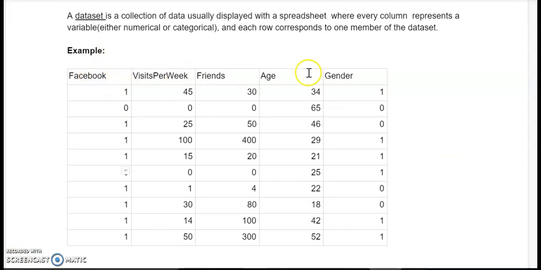So we have a spreadsheet and we have some variables up here. We got a Facebook variable, visits per week variable, friends variable, age variable, gender variable, and we got data down here. So each row represents a member in our data set.